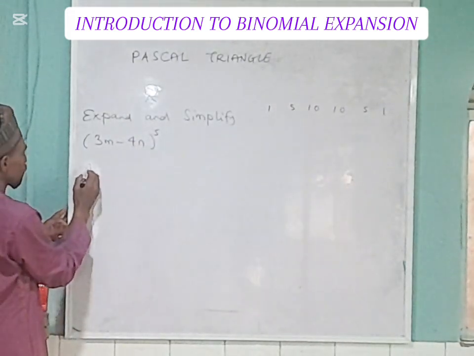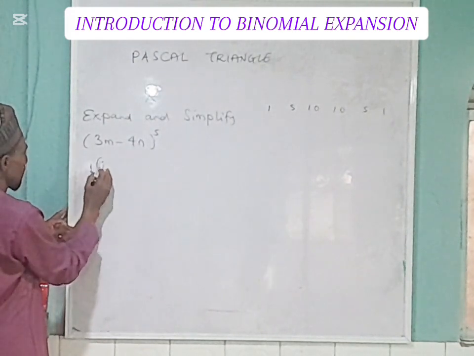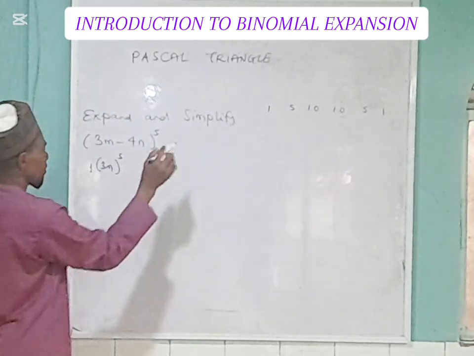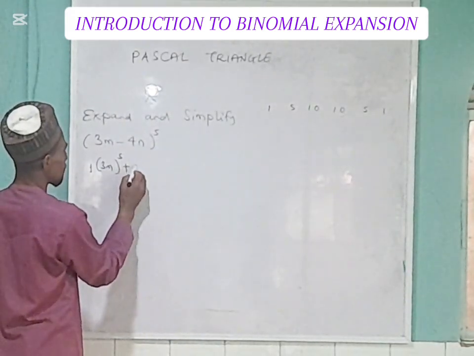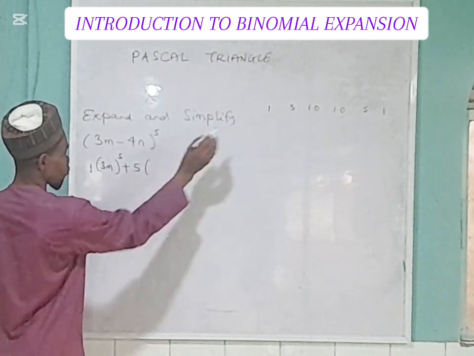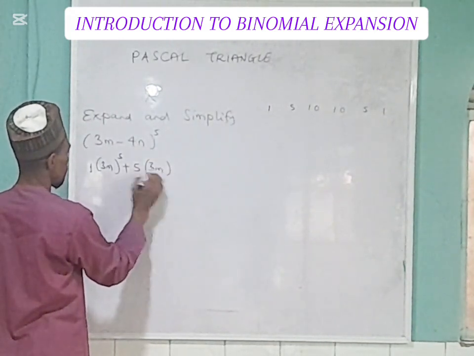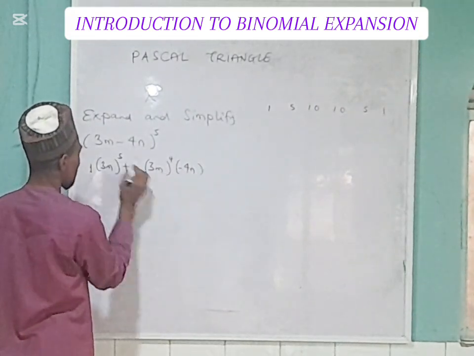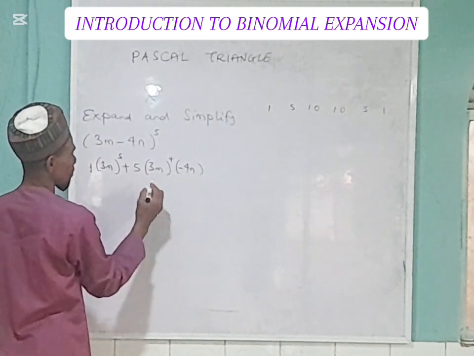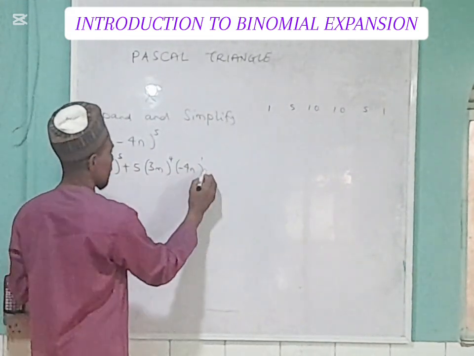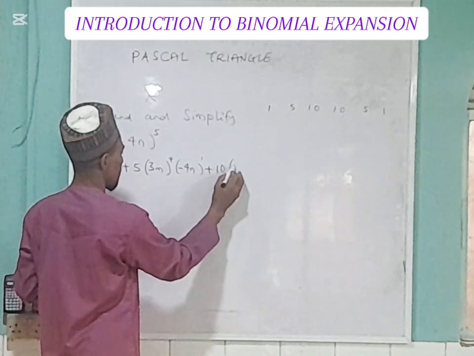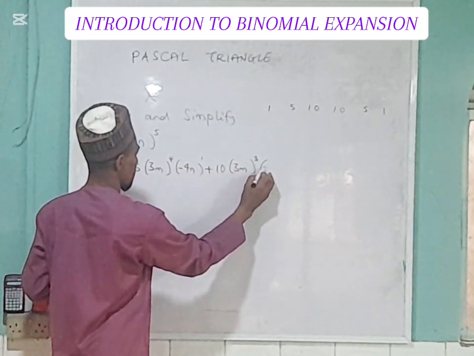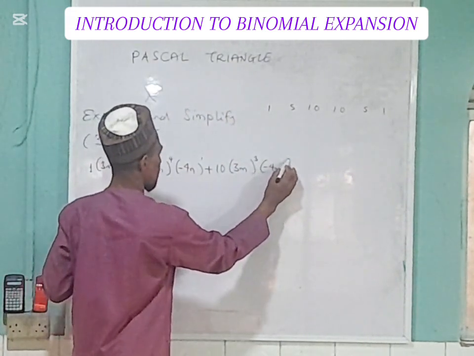Hence, we go by having the first one 1, then 3m to the power of 5. Then you have plus, this time around 5, which is the next coefficient, then 3m reduces now in power to 4. Then we have, don't forget, there's a minus there, I have to include the minus: minus 4n to the power of 1. Then the next coefficient is 10, then we have 3m reduces further, power 3, minus 4n, power 2.